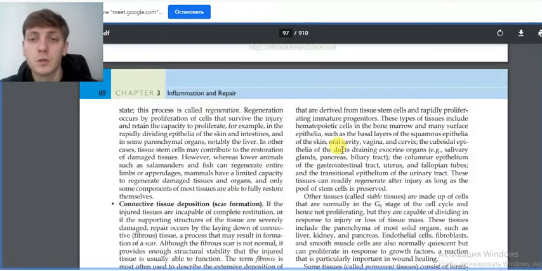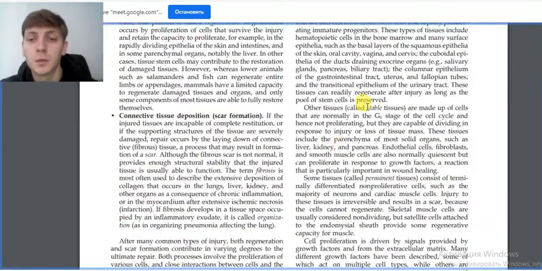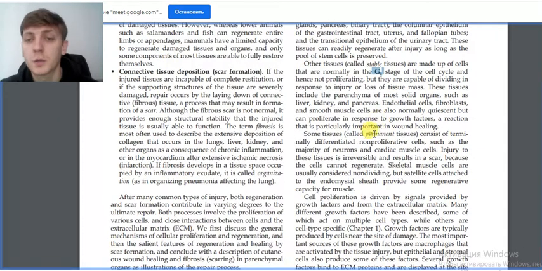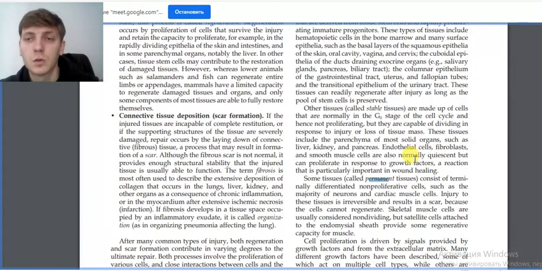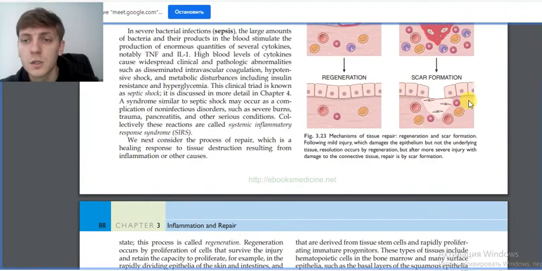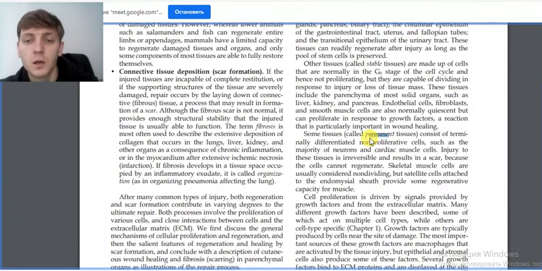Then we have stable tissues, which are constantly present in the G0 phase, and we have permanent tissues, which are always present in the G0 phase without exceptions. The injury of these cells causes scar formation as the outcome.